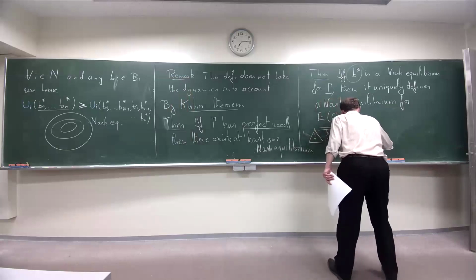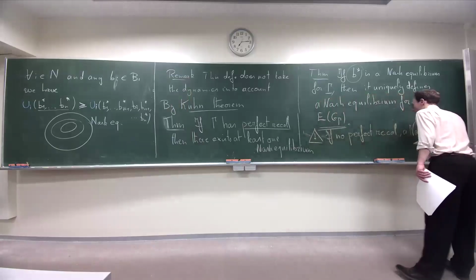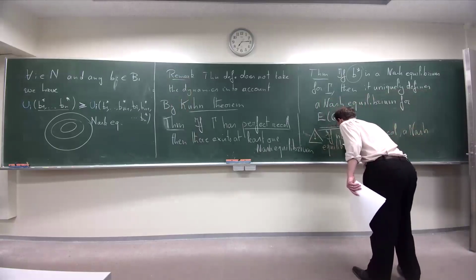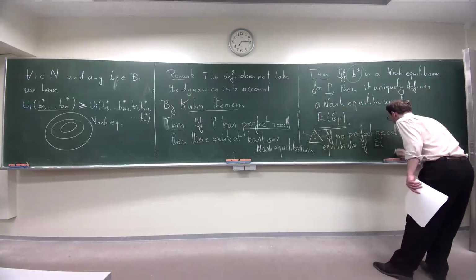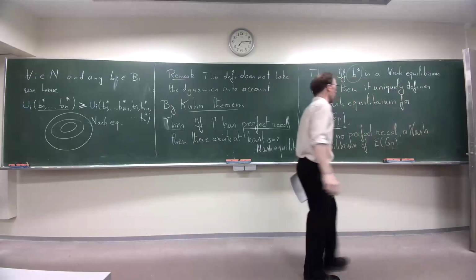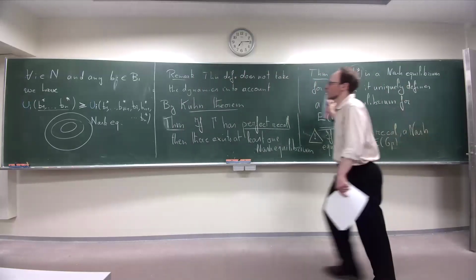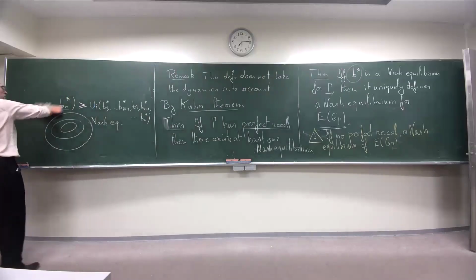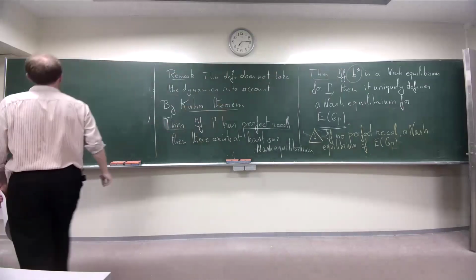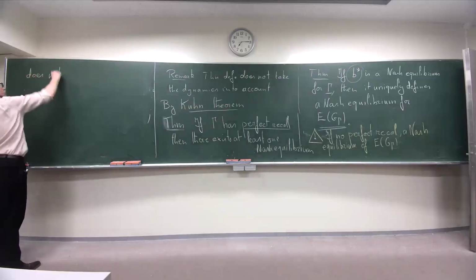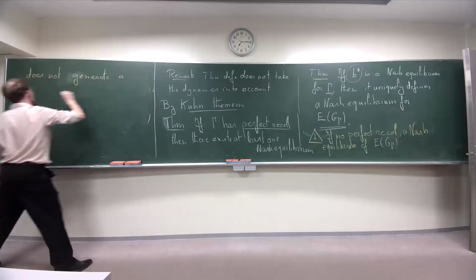If there is no perfect recall, a Nash equilibrium of the mixed extension, and we know it exists, does not produce or generate a Nash equilibrium for gamma.